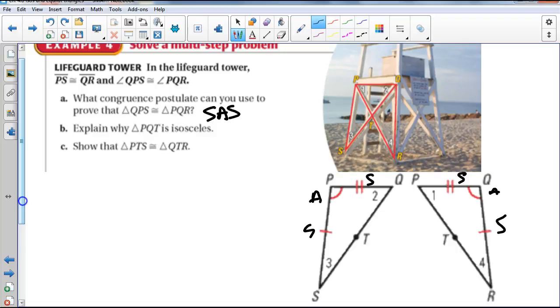Part B says, explain why triangle PQT is isosceles. Where is PQT? PQ and T is the middle point. So I'm going to highlight that in black over here. PQT, there you go. Why is it isosceles? As you can take a look, we are given that angles 1 and 2 are congruent.